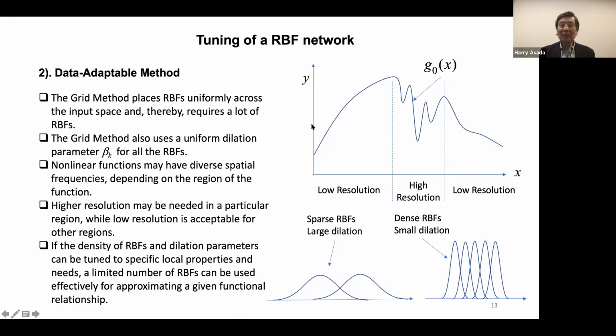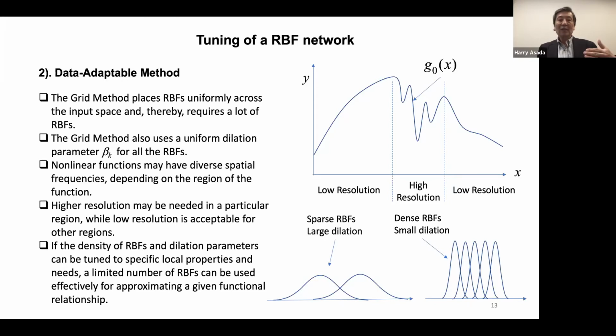Depending on the data, you have more data here or very sparse data here, or in this particular part, you have very changeable waveforms that you need to capture. So obviously, spatial frequency here is very low, but spatial frequency here is high, right? Some parts have more data, some parts not so much data, and so forth.